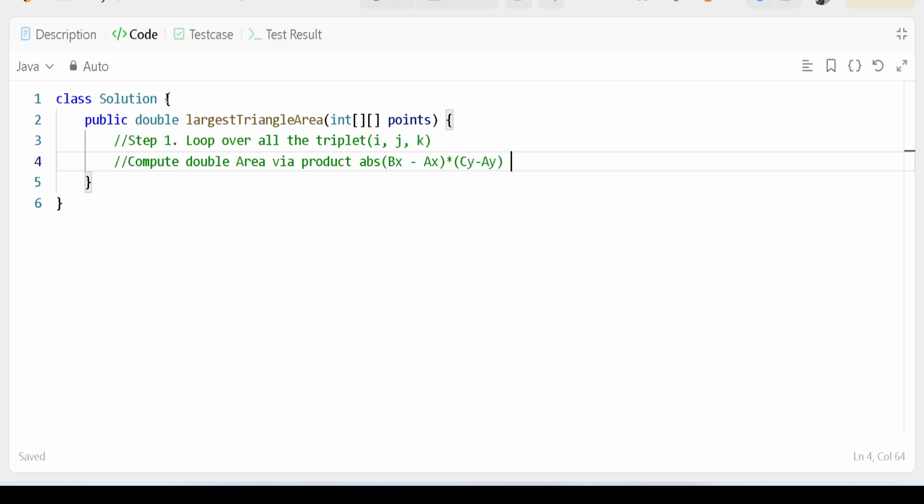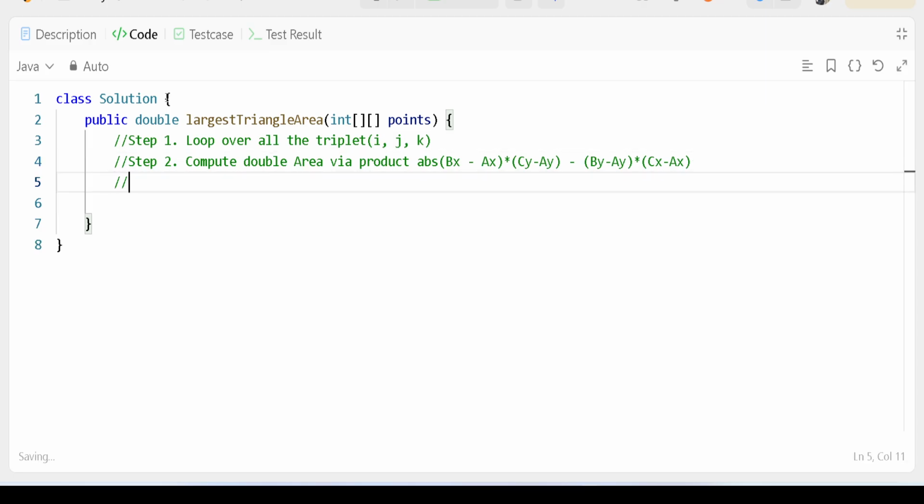Once we multiply this, after this we need to do minus, and after that by minus ay. Once this is done, multiply cx minus ax. Understanding? This is what we need to compute in step 2, right, guys?